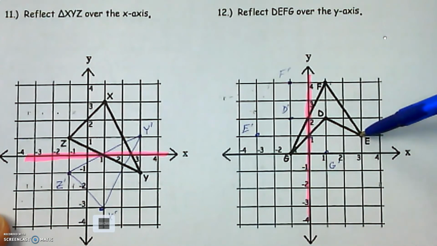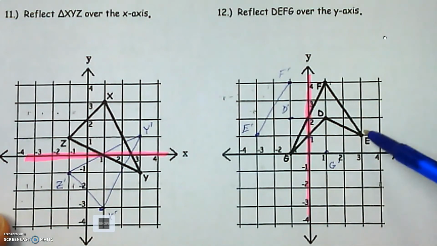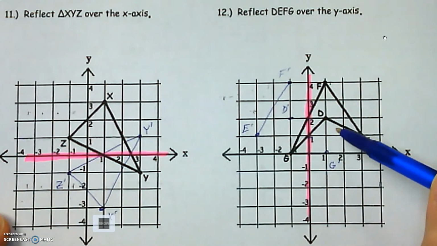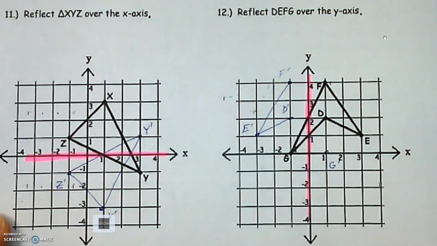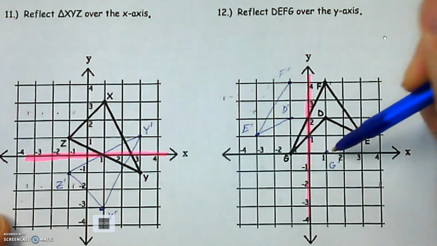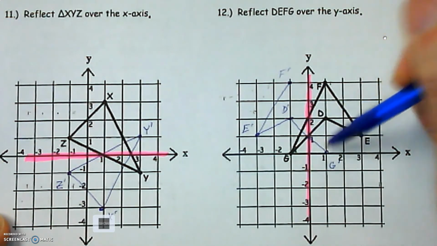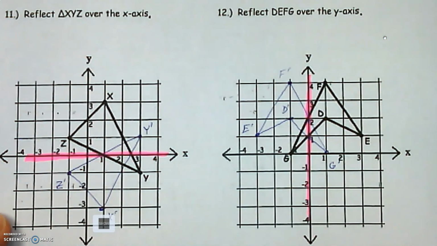F connects to E, so F prime will connect to E prime. E connects to D, so E prime will connect to D prime. You can just follow the other figure. D connects to G, D prime will connect to G prime, and there's our last piece right there.